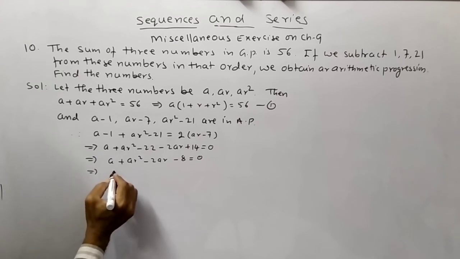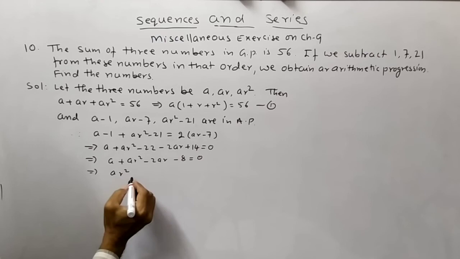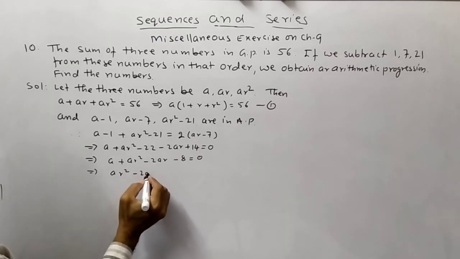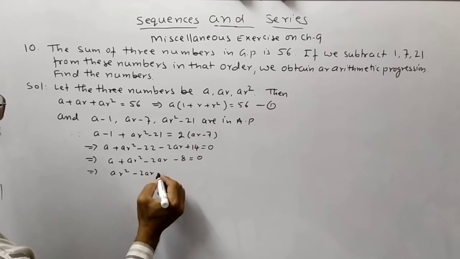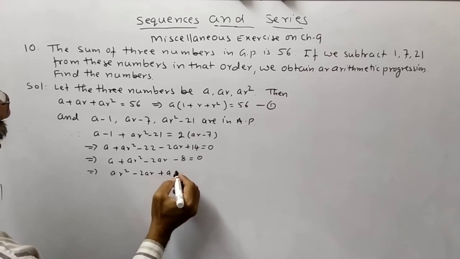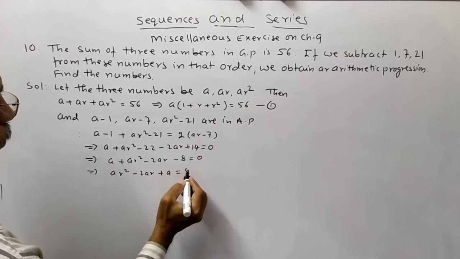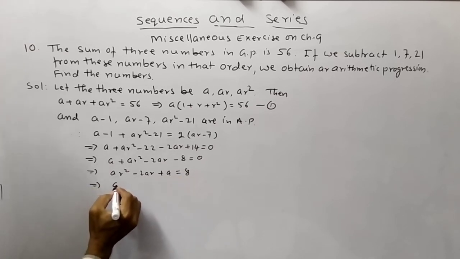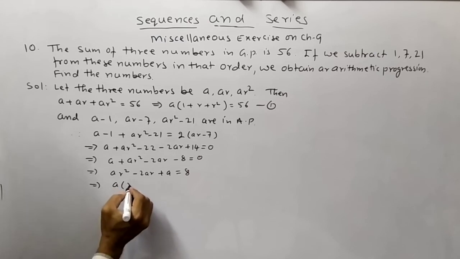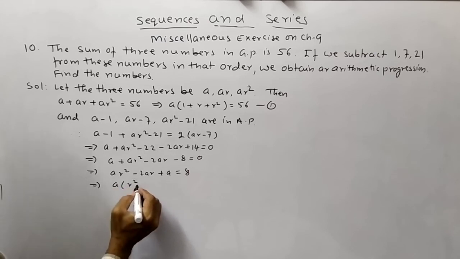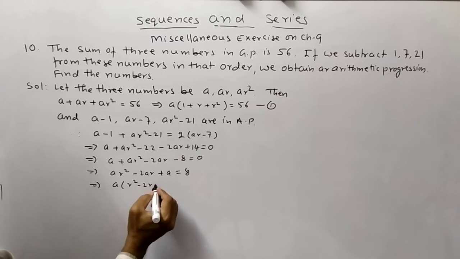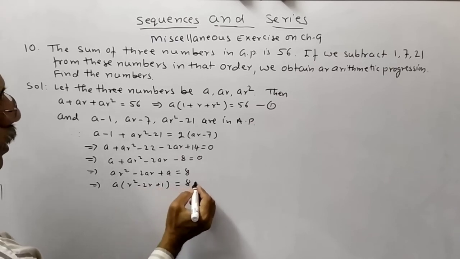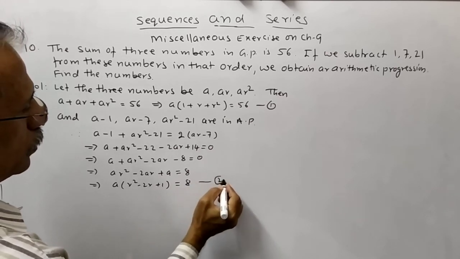Implies ar square minus 2ar plus a is equal to 8. Implies when you take a common, a into r square minus 2r plus 1 is equal to 8. Say number 2.